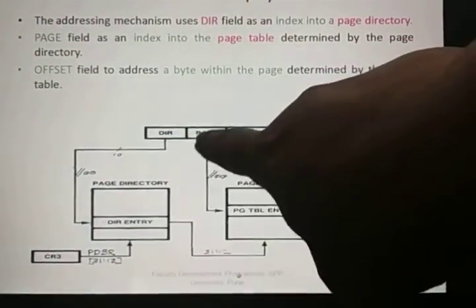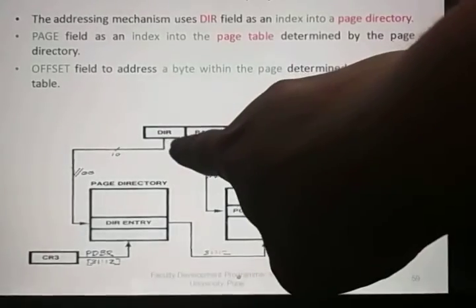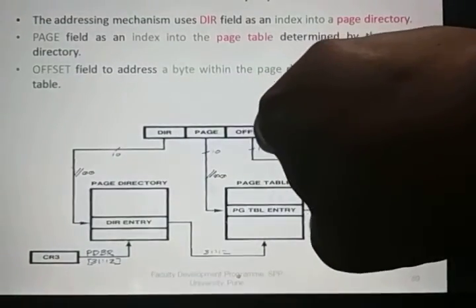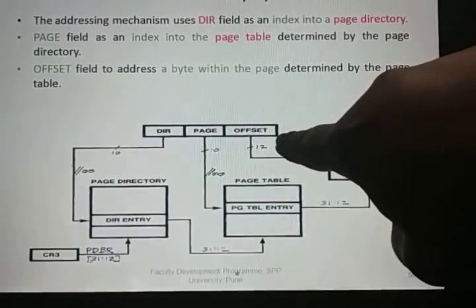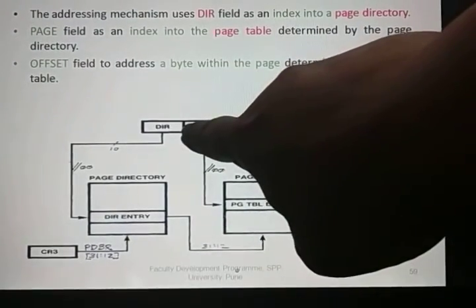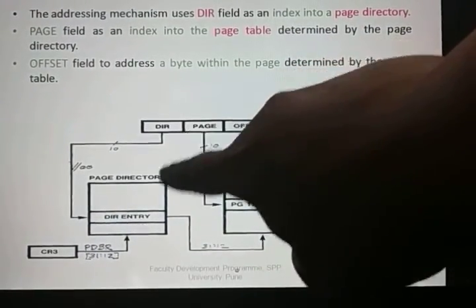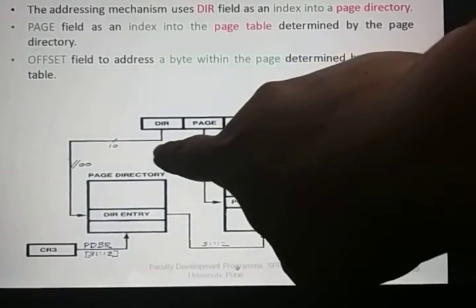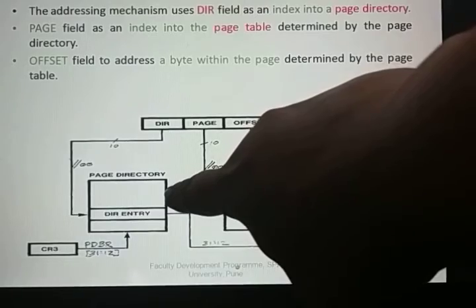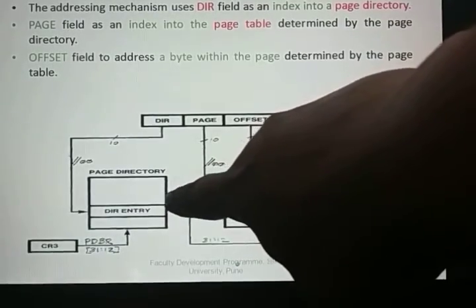What does that mean? This is your linear address. You divide it into three parts: directory, page and offset. This is a 10-bit field, this is a 10-bit field, and this is a 12-bit field. This 10-bit field indirectly indicates the size of that table. What is the size of that table? 2 to the power 10 means 1024, the total number of entries you can contain here.